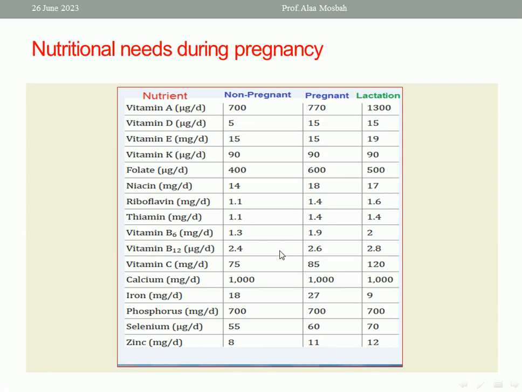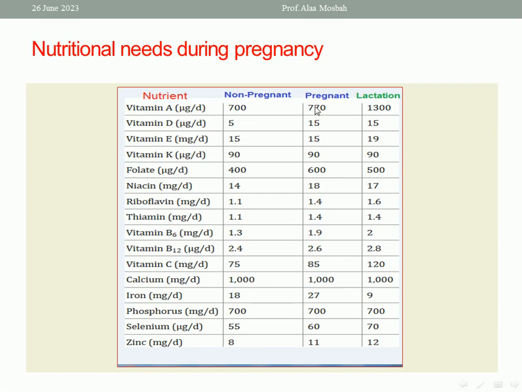Be careful about vitamin A. Vitamin A is dangerous because it can cause teratogenicity for the baby, can cause congenital anomalies if it is given in high doses, more than 10,000 international units. Okay, so the requirement daily during pregnancy is 770 microgram per day.